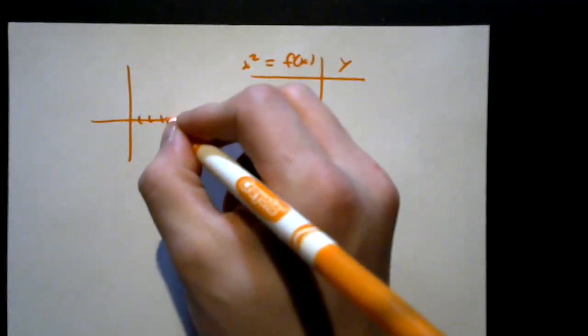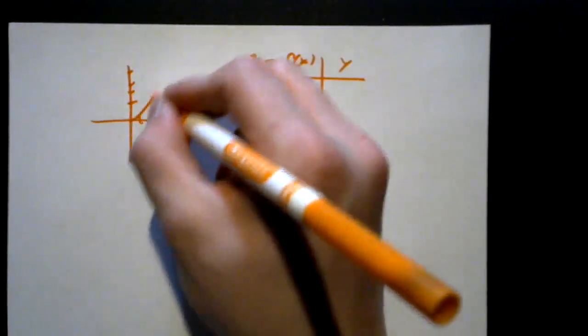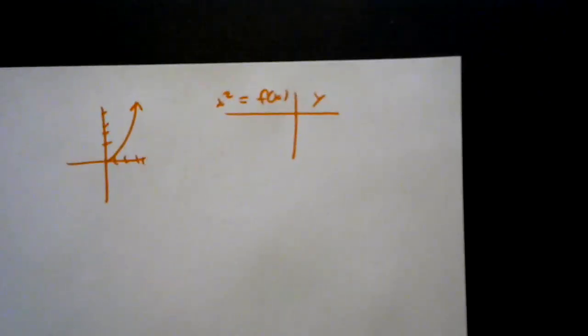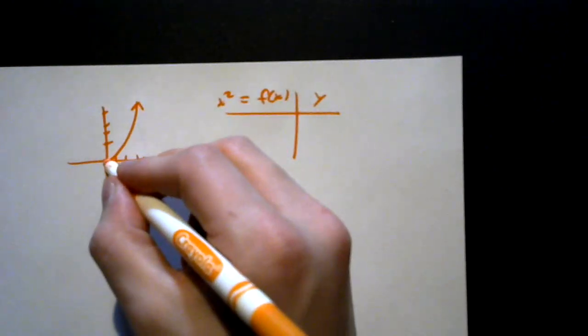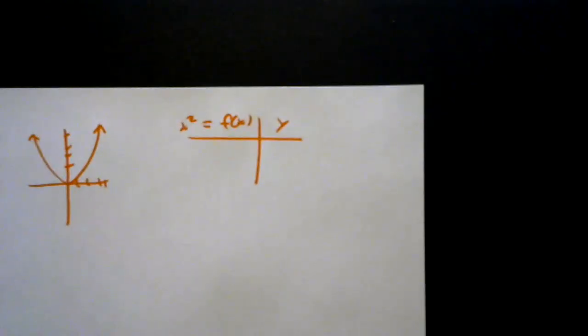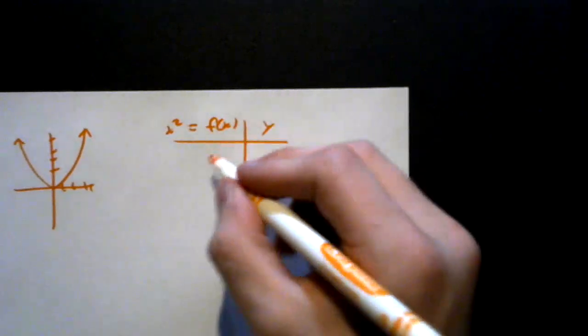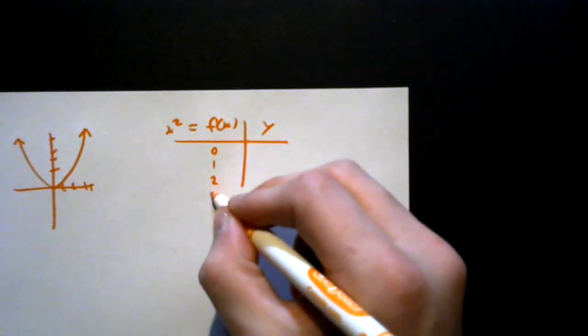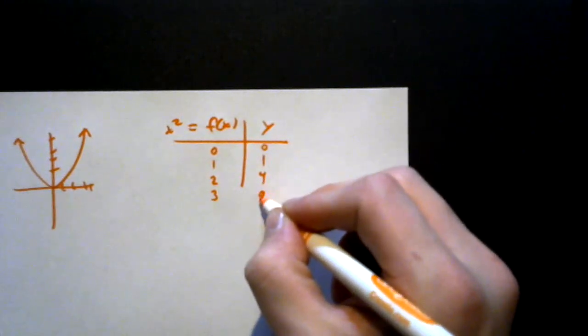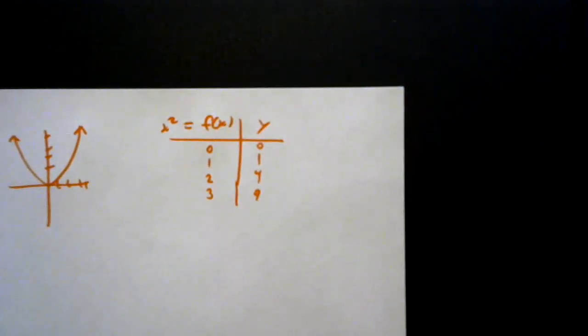I just realized that, but we'll just do the positive side. So we have 0, 1, 2, 3, 0, 1, 4, 9. We'll just do those 4.